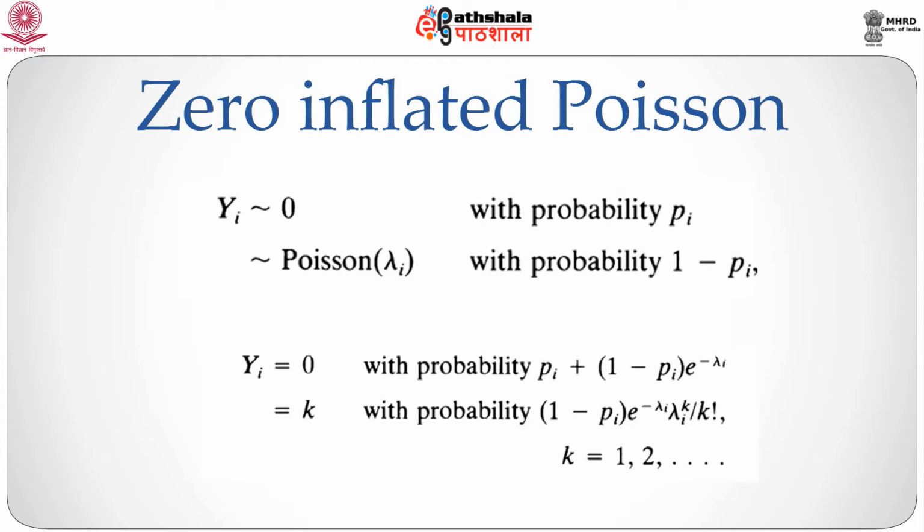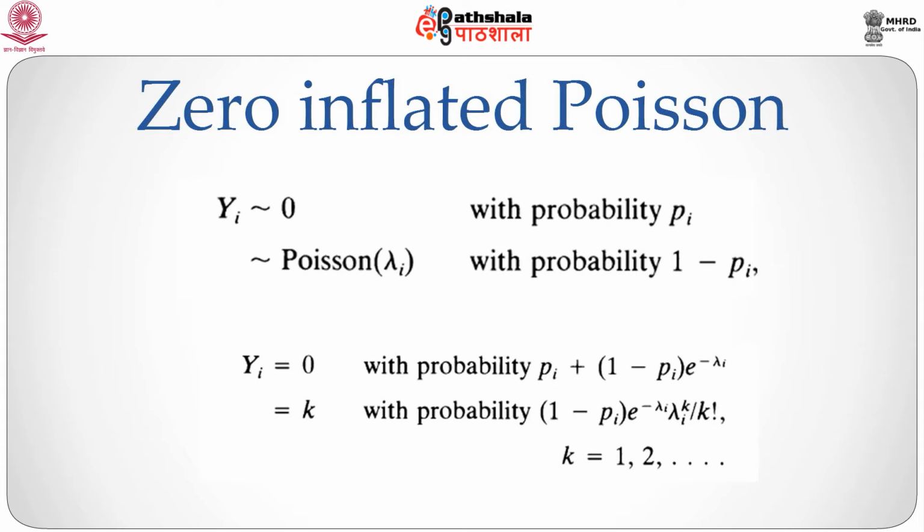This means that the probability of yi equal to 0 is given by pi plus (1 minus pi) e to the power minus lambda i, and you can see that this is in excess of what would happen if yi just follows Poisson with rate parameter lambda i.